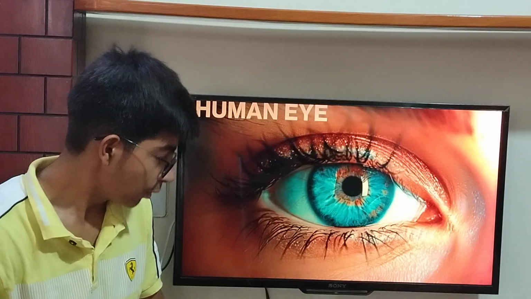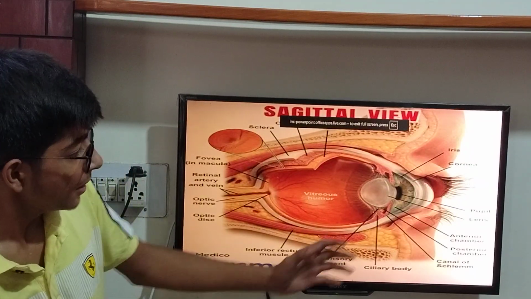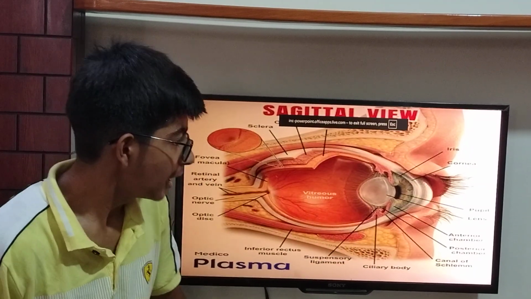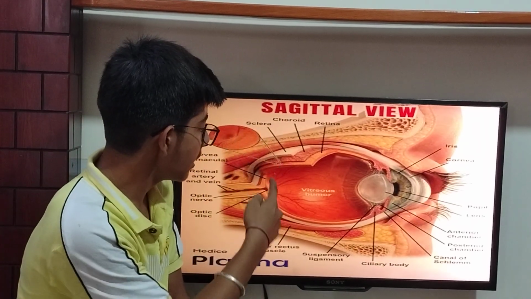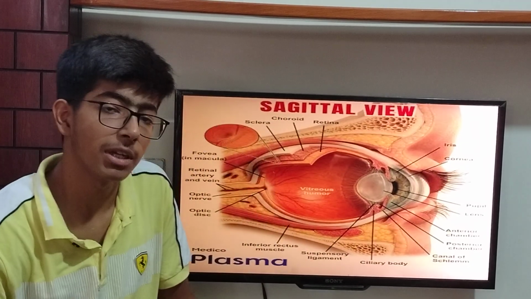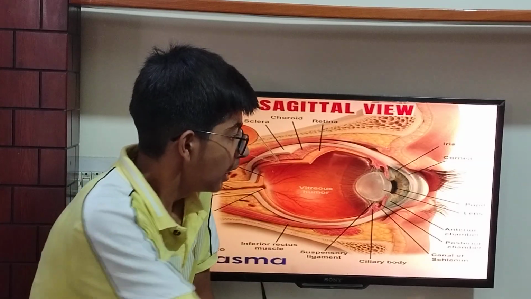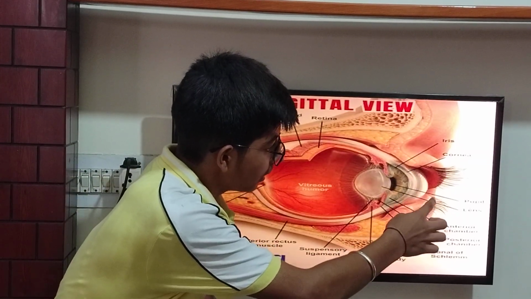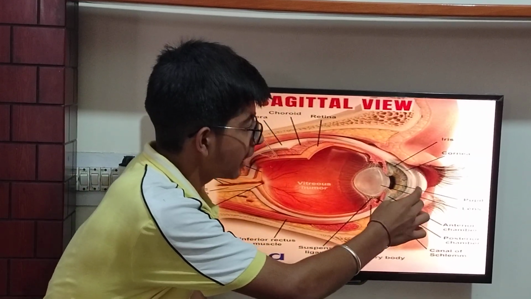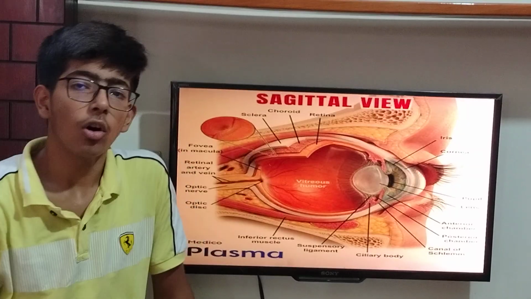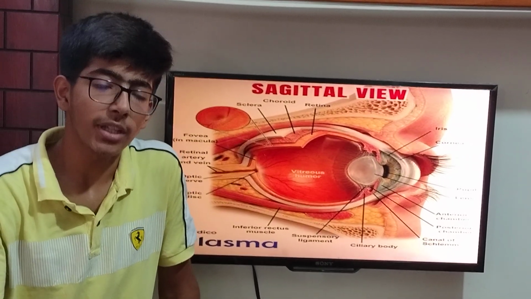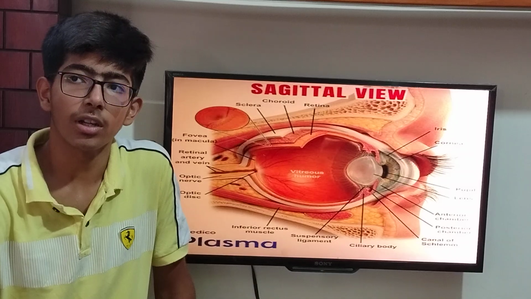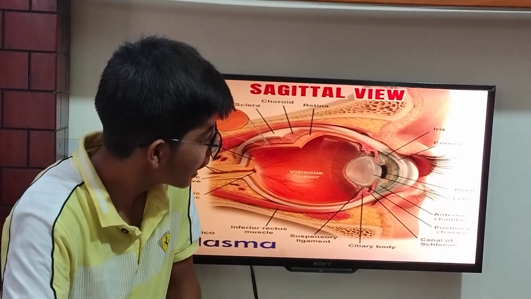So let's move ahead. This is the side view of an eye. This was the outer part, and this is the retina of our eye, where the image forms. Here, at the outermost part is our cornea. Cornea is a thin transparent layer over the eye which protects the eye from dust or any outside particles.